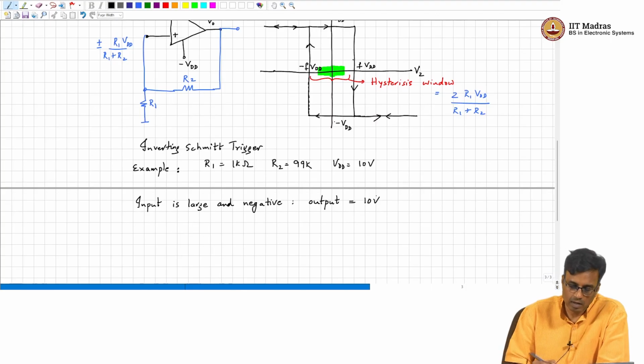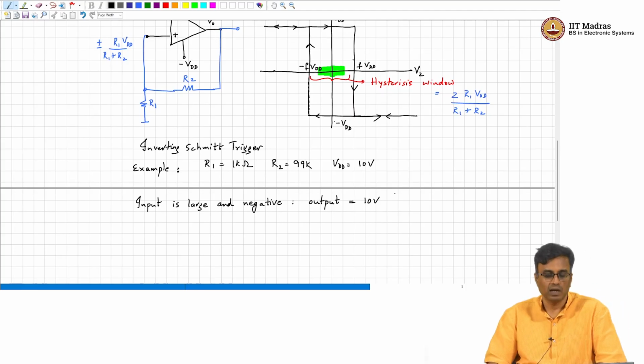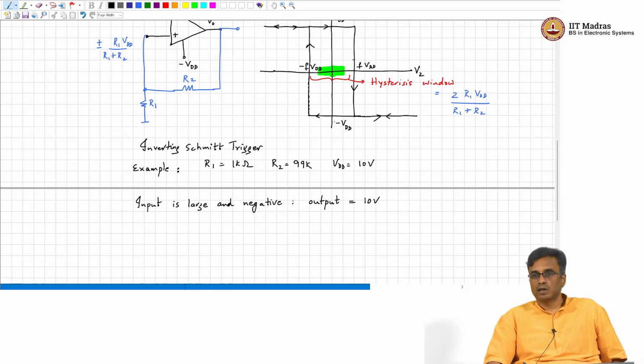Okay. All right. So, what must be the input before the output goes to minus 10?